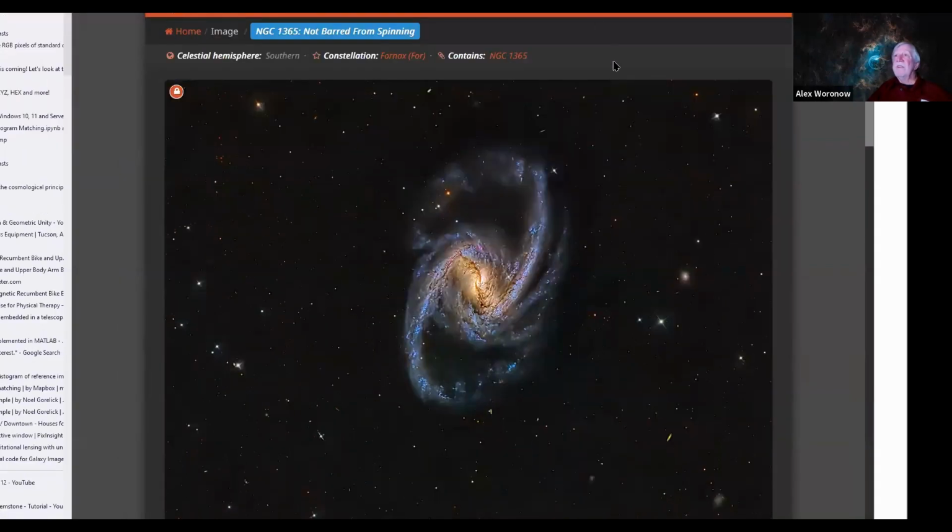There it is. This is RGB only. It came from Martin Poe, who I talked about a little while ago, and his 24-inch, and it came with a buttload of L, and I threw out the L and just used the RGB, and I think it did pretty well.